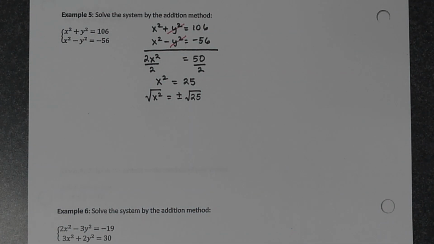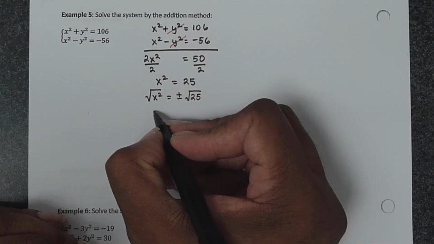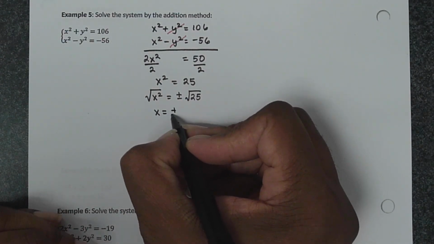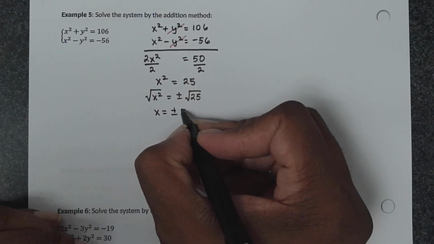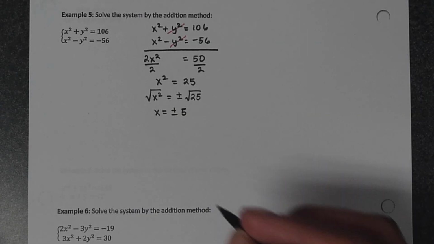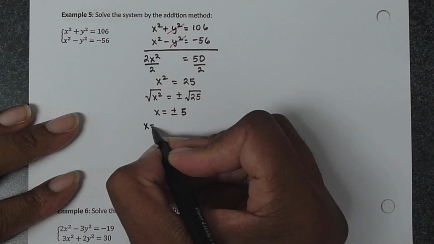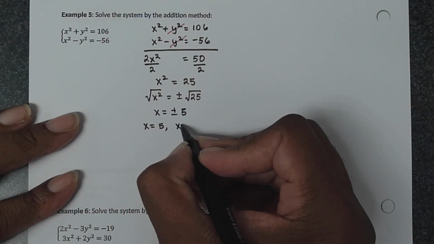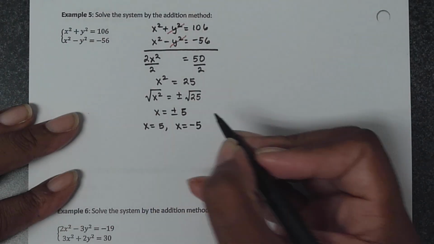Don't forget that. You have to include that plus or minus symbol anytime you take the square root on both sides of an equation. The square root of x squared ends up being x, and that's equal to plus or minus the square root of 25, which is 5. So x is equal to plus or minus 5. And I'll write this separately as x is equal to 5 and x is equal to negative 5.